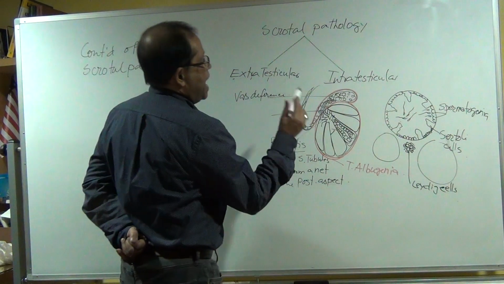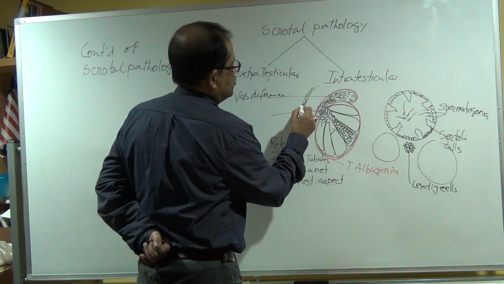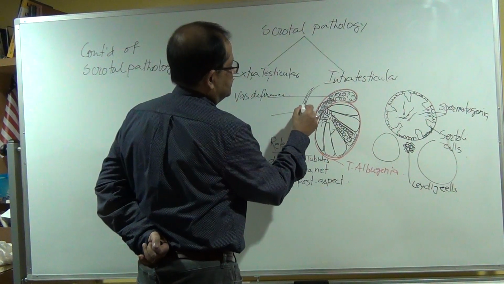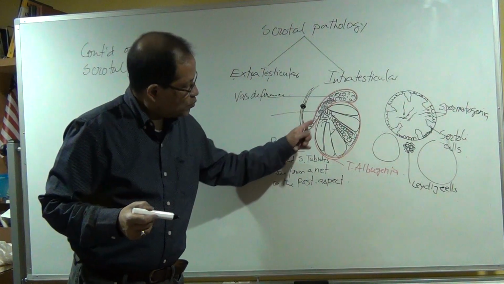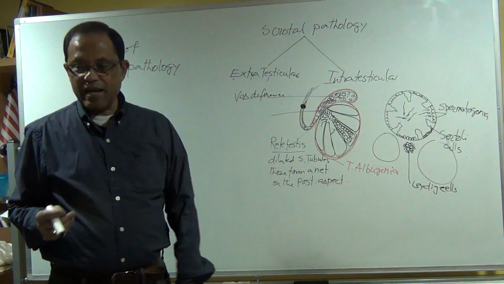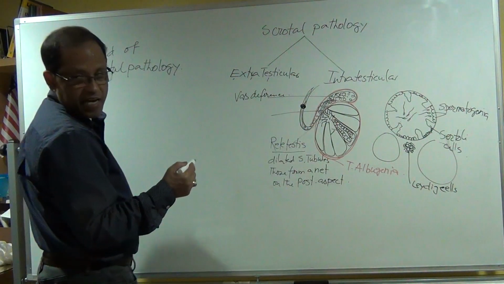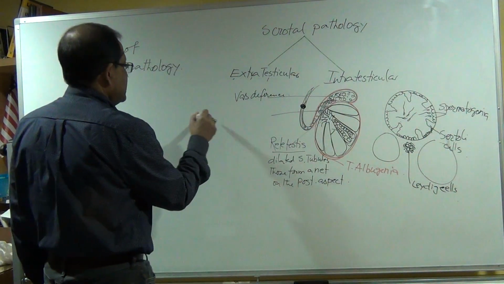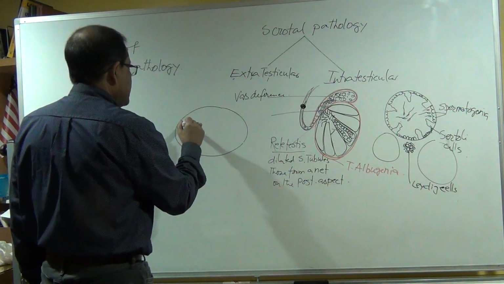I'm giving you this idea so you understand why I am going into such detail. Any obstruction here, don't you think there will be a total backup? When there is a backup, what happens? This rete testis area, let me show you.